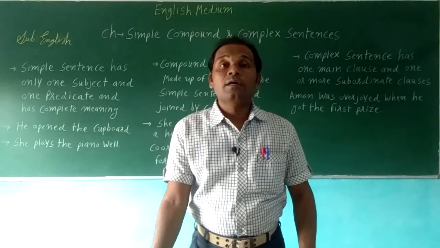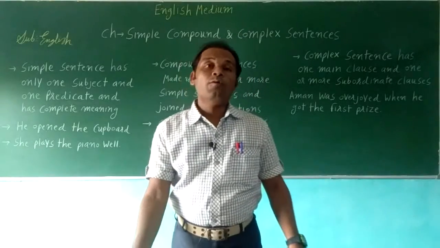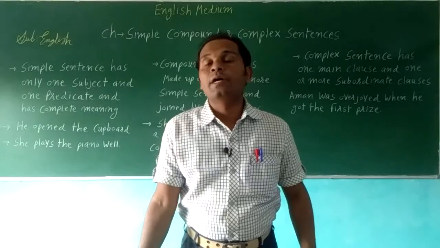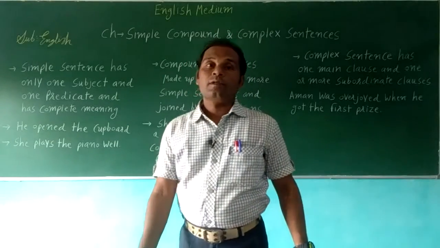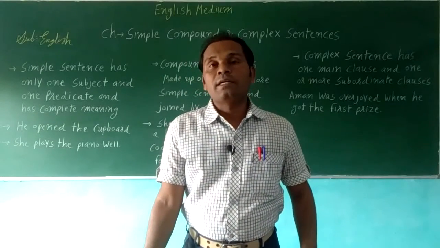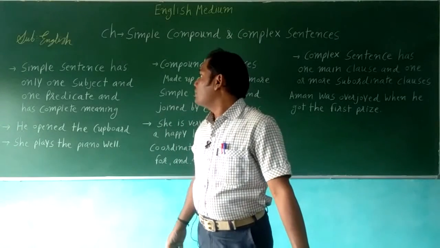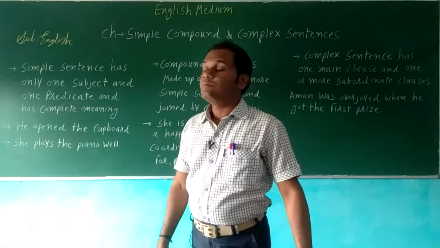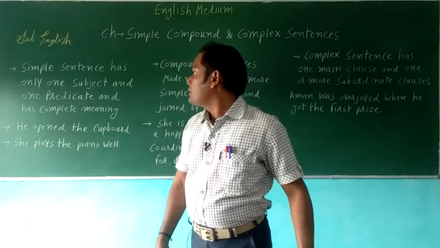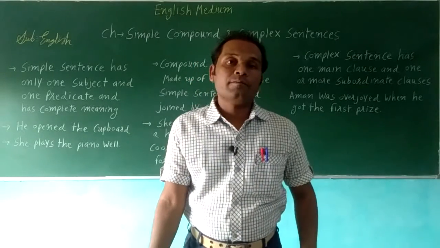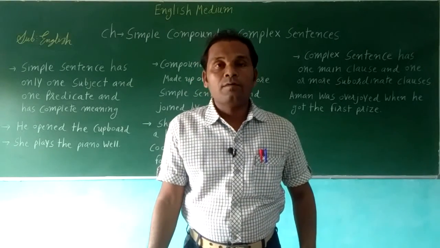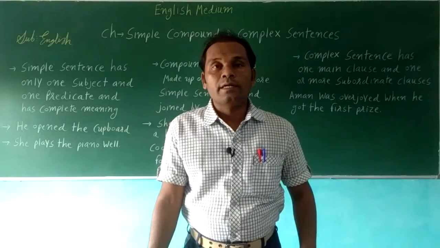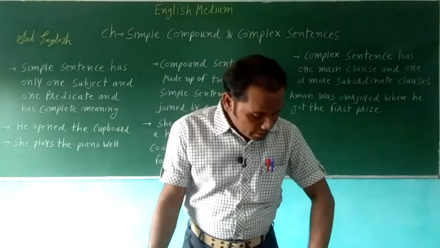The broken jug cannot hold water. It is also an example of a simple sentence. So a simple sentence has only one subject, one predicate, and complete meaning. The meaning of the sentence is clear. That is called a simple sentence.